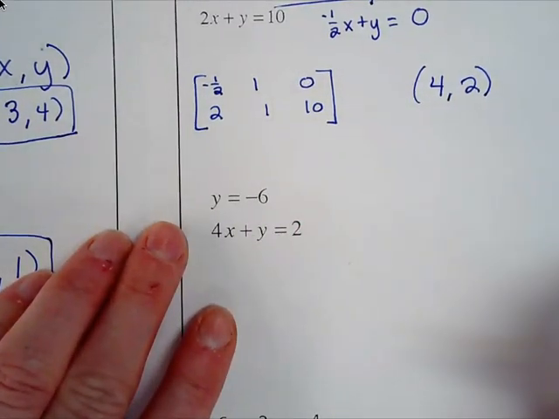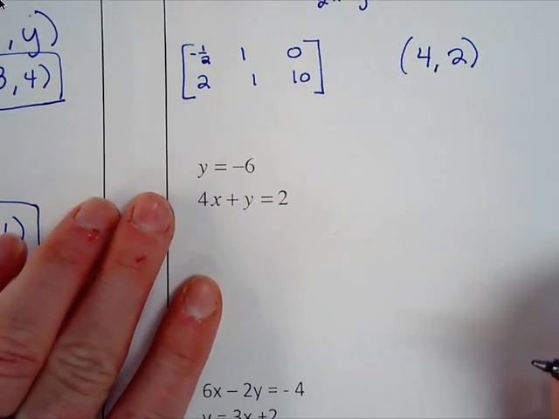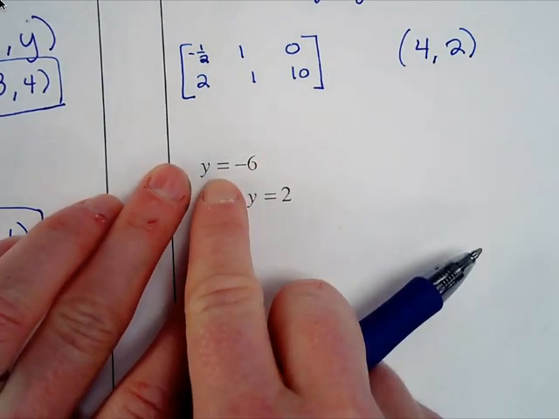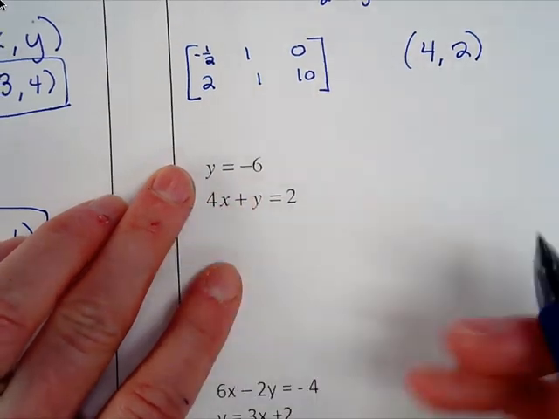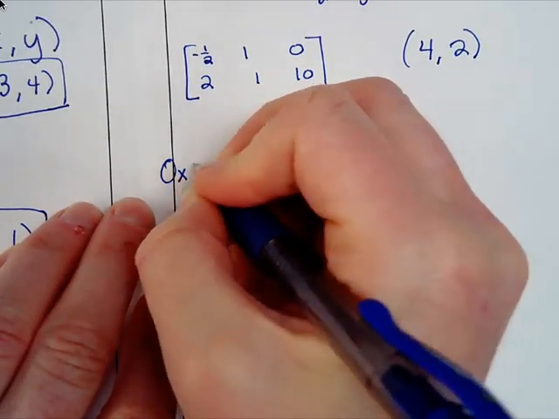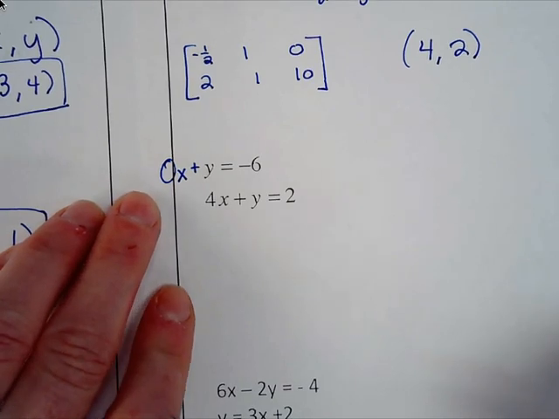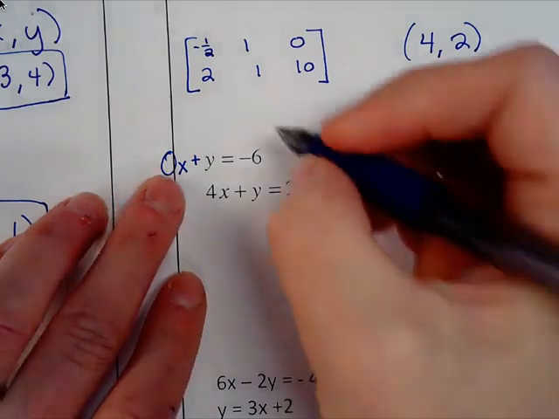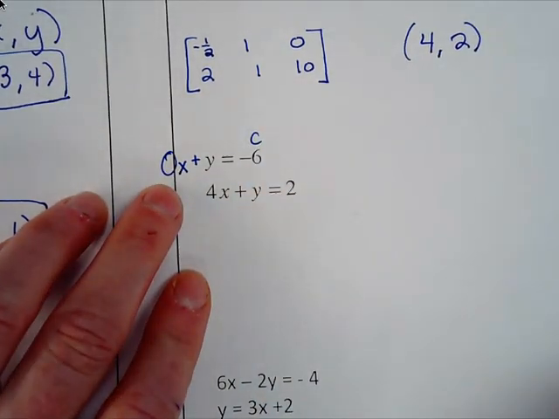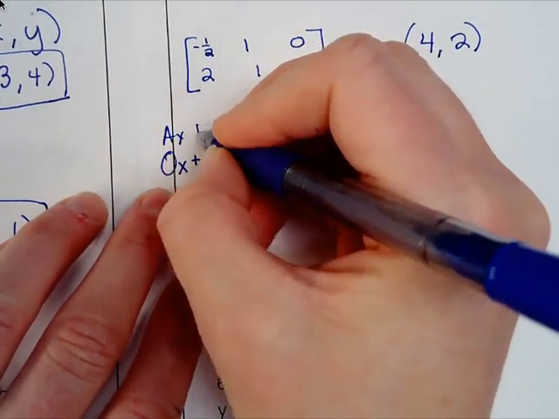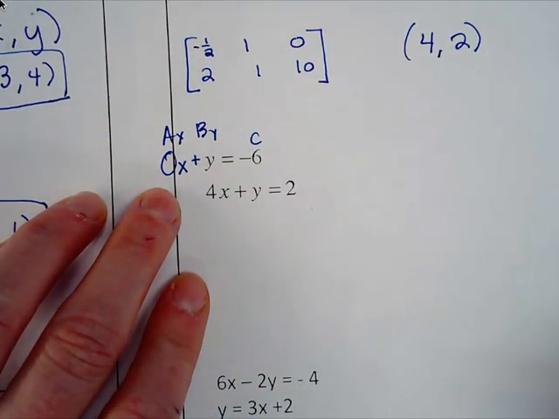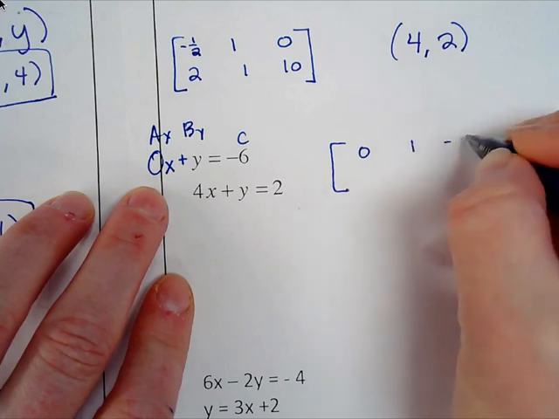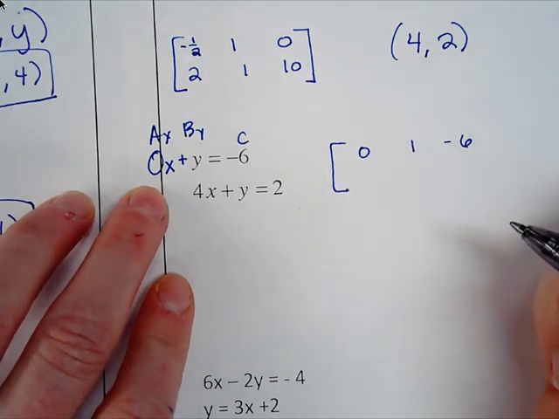All right, let's look at the next one. It's not written in ax plus by equals c. So this would be like 0x plus y equals negative 6, right? We can't move an x over because there is no x. So this negative 6 is actually your c. ax plus by equals c. So it's 0, 1, negative 6. They actually gave us part of the answer, didn't they?